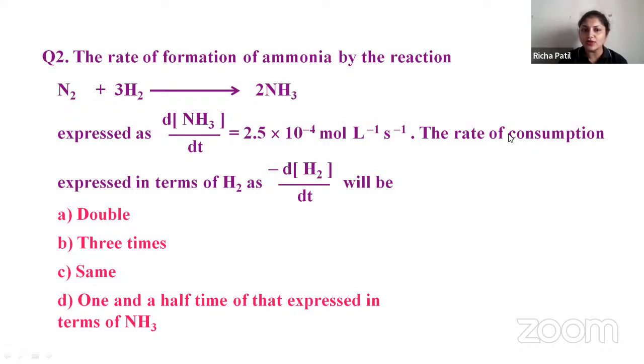For NH3 the value is given as 2.5 times 10 raised to minus 4 mol per liter per second. What is the rate of consumption for H2? The options: A, double; B, three times; C, same; D, 1.5 times that expressed in terms of NH3.